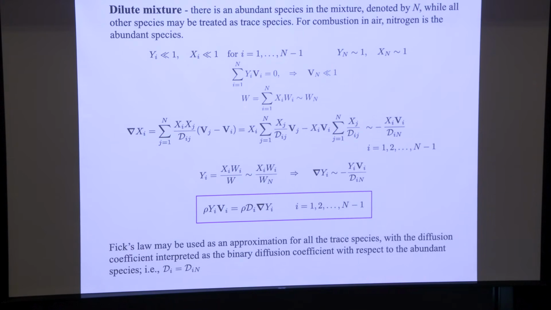It implies essentially that the molecular weight of the mixture is that of the abundant species, say nitrogen, W_N, and that all the Y_i except for the N are small. So when you substitute that in the Stefan-Maxwell relation, and I know I'm rushing here because of time, you end up with a simple Fick-type relation, okay?